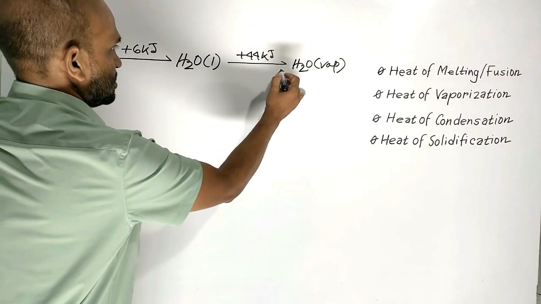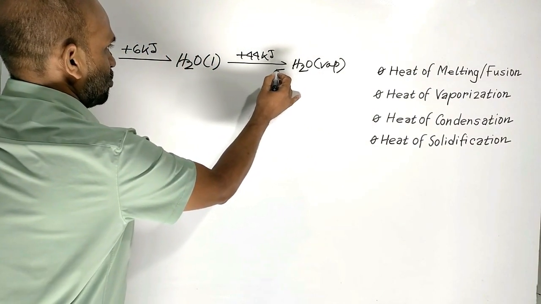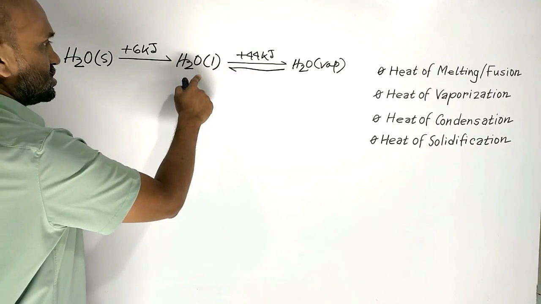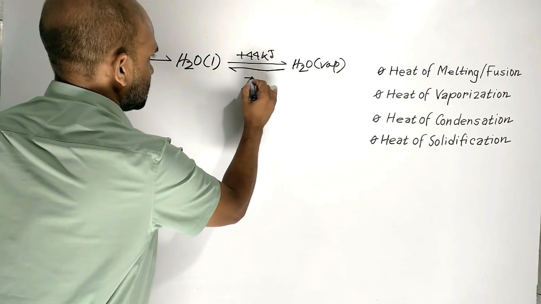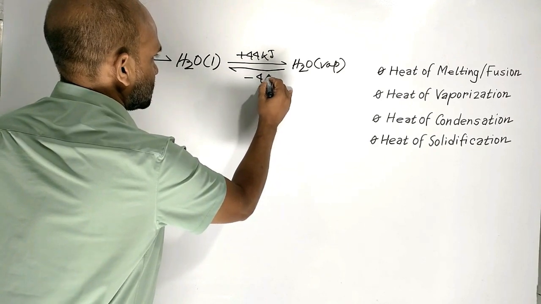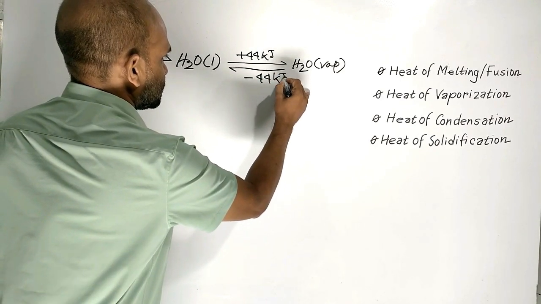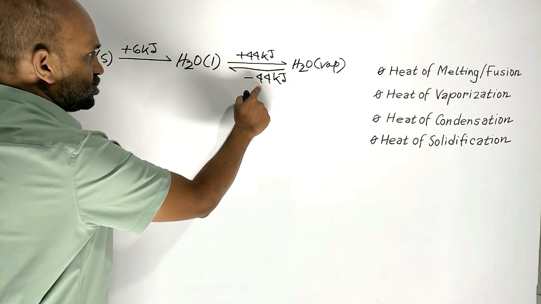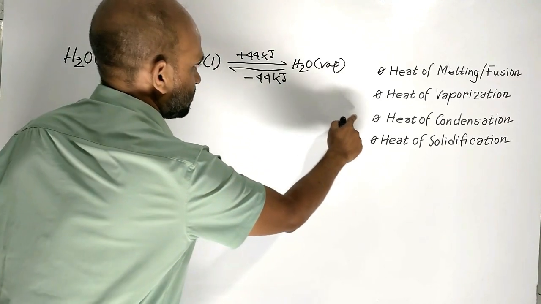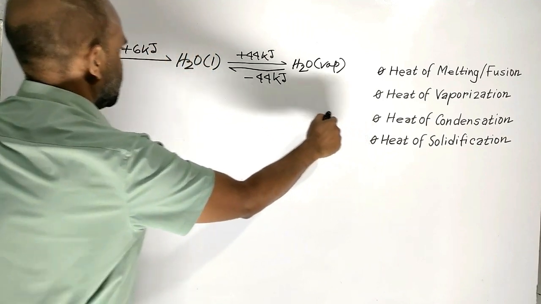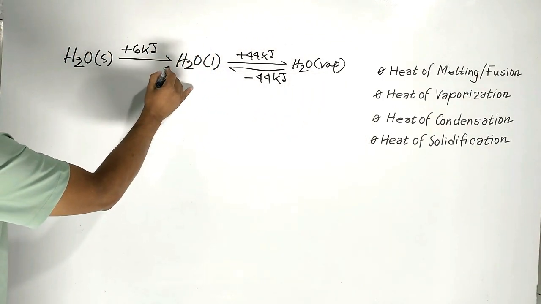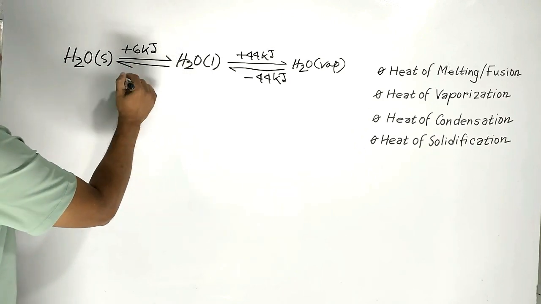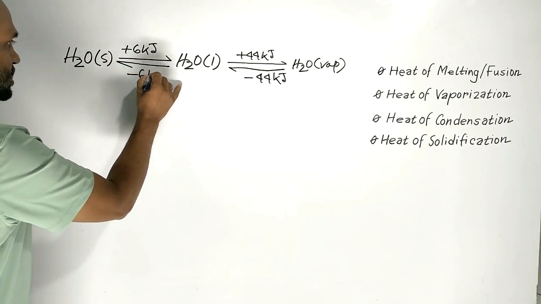On the contrary, when 1 mole vapor is converted to 1 mole liquid, then it releases the same amount of heat, minus 44 kilojoule. Here, this 44 kilojoule is known as heat of condensation, and when this liquid is converted to solid, then it releases 6 kilojoule heat.